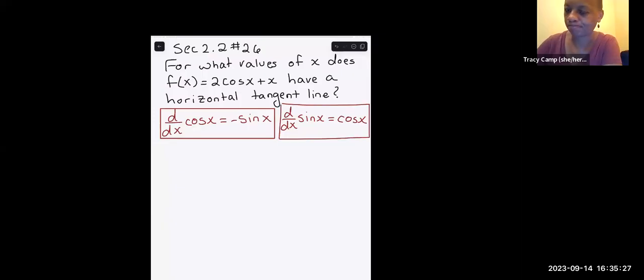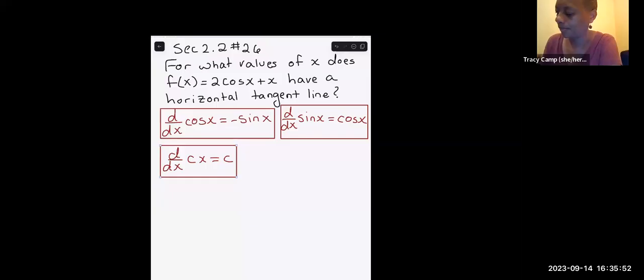If your function has a sine in it, then you'll be using that rule. One other rule that I will need for my problem is that if you have the derivative of a constant times x, you're just going to get the constant.